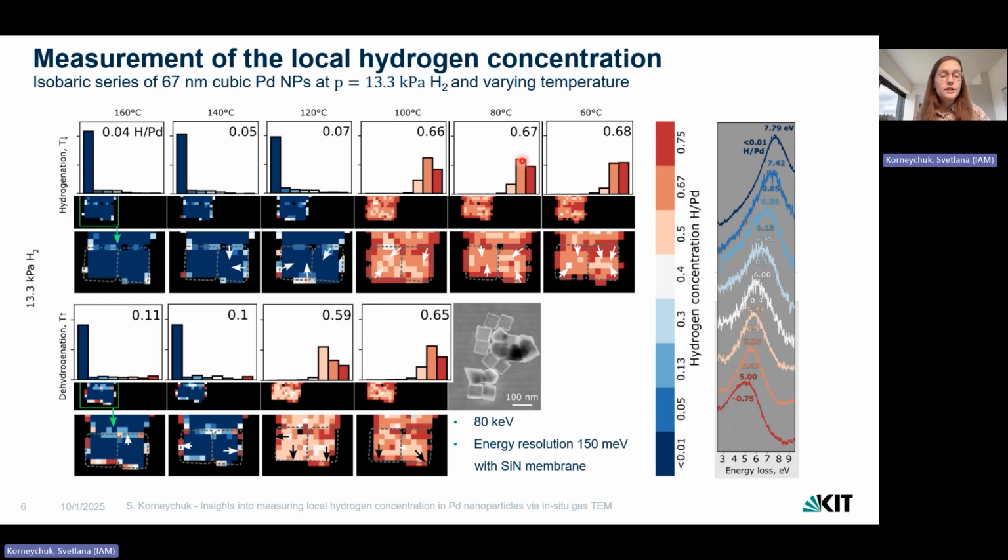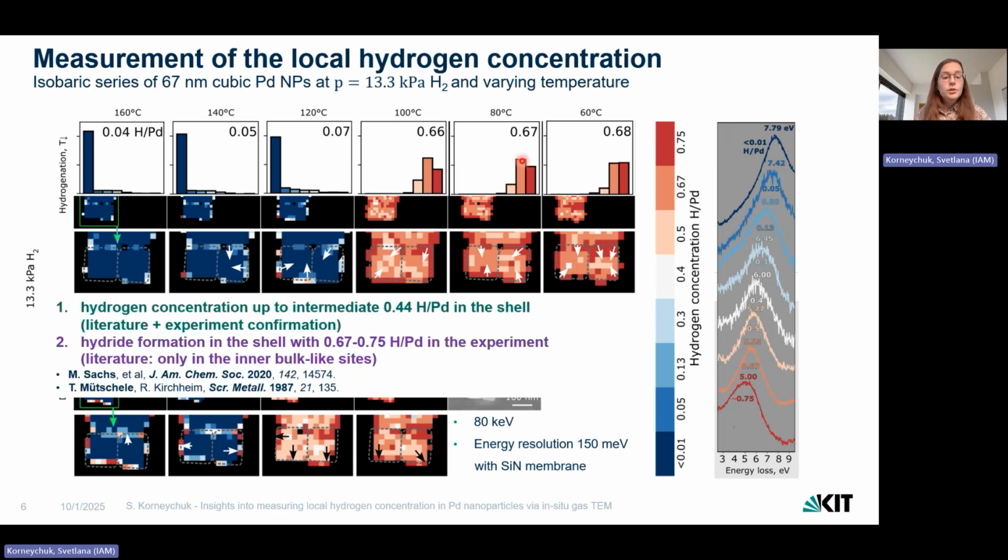They change quite a bit with temperature, so hydrogen redistributes within the particle. Importantly, we showed that the concentration at the surface can be in the intermediate range, which confirms some previous literature suggestions. However, we also saw that hydride can also form at the surface, which goes beyond what was suggested in the literature before.